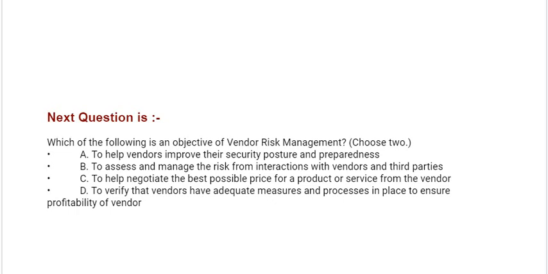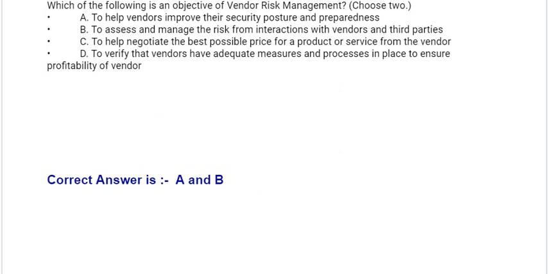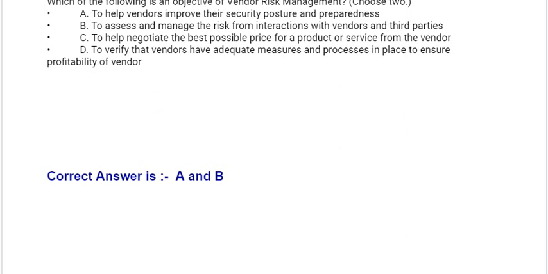Option C. To help negotiate the best possible price for a product or service from the vendor. Option D. To verify that vendors have adequate measures and processes in place to ensure profitability of vendor. Correct answer is option A and option B.